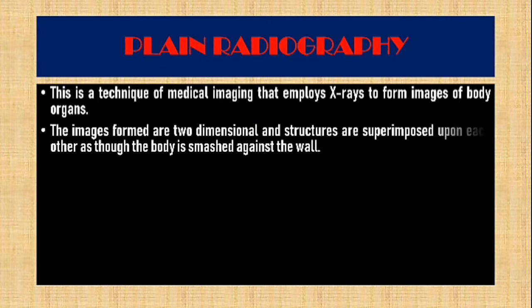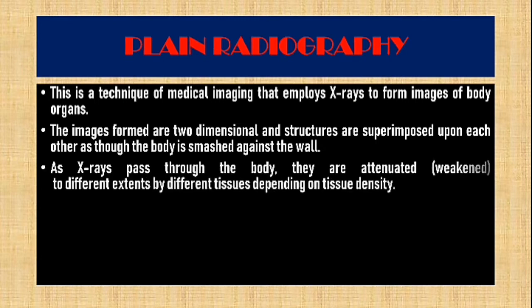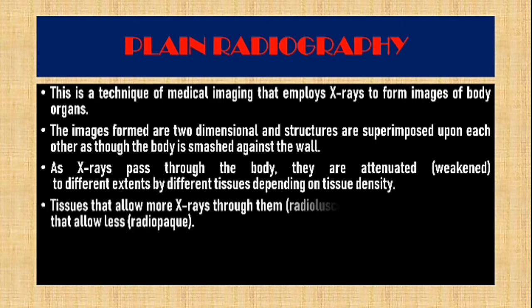The images formed in plain radiography are two-dimensional, and structures are superimposed on each other as though the body is smashed against the wall. As the X-rays pass through the body, they are attenuated or weakened to different extents by different tissues depending on the tissue density.